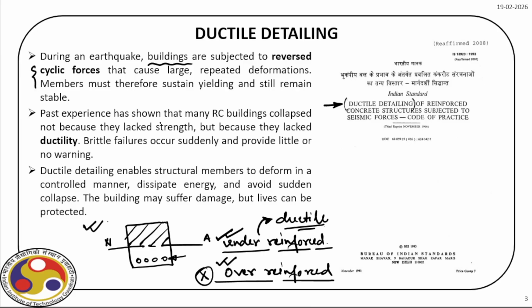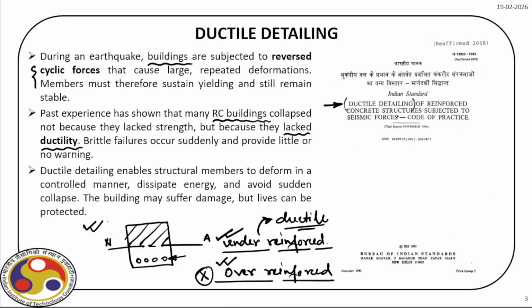Now, as I have already explained that under reinforced section is preferred, the RC buildings which are actually designed as per given provisions also collapse. And in fact, the history shows that those buildings which were designed earlier as per the codal provisions collapsed all of a sudden, and the reason was lack of ductility, right?